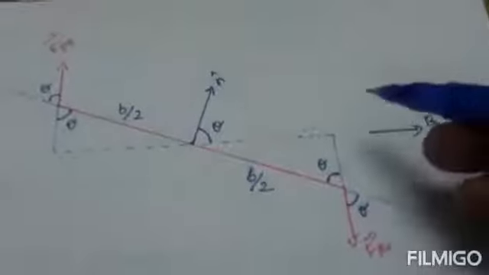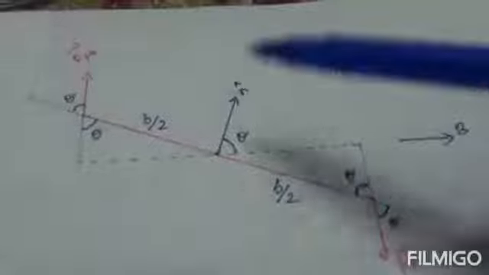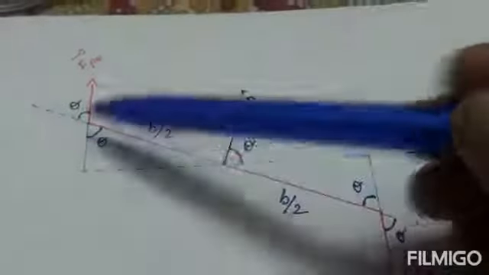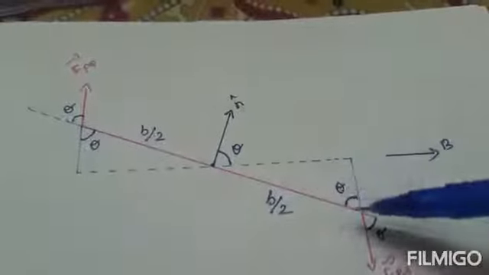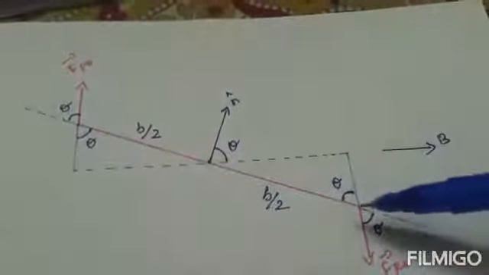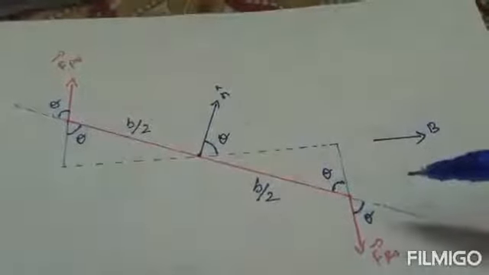Now I am going to draw this part of the diagram, F_PQ and F_RS, separately. This is the diagram drawn. Here F_PQ is acting, here F_RS is acting. The line joining F_PQ and F_RS is nothing but the breadth of the loop.